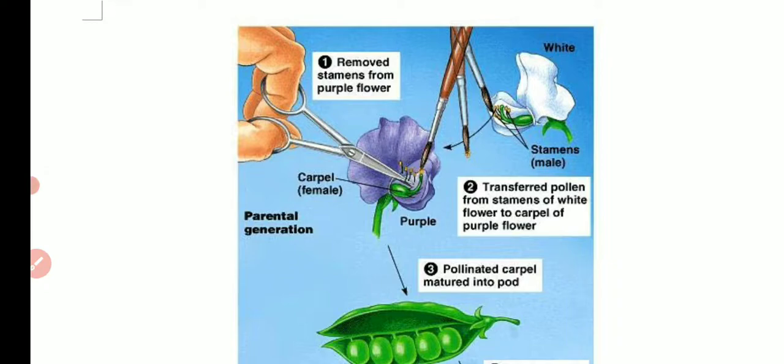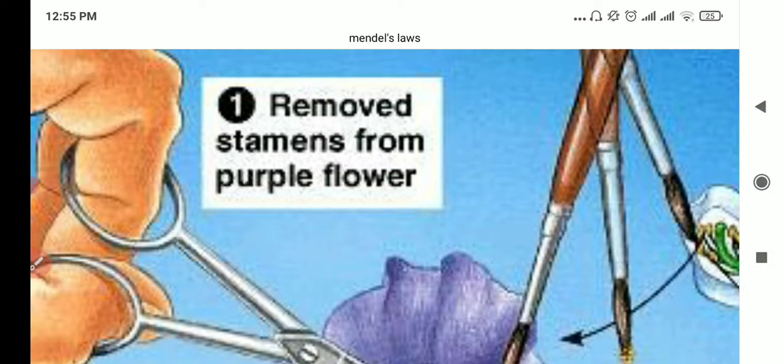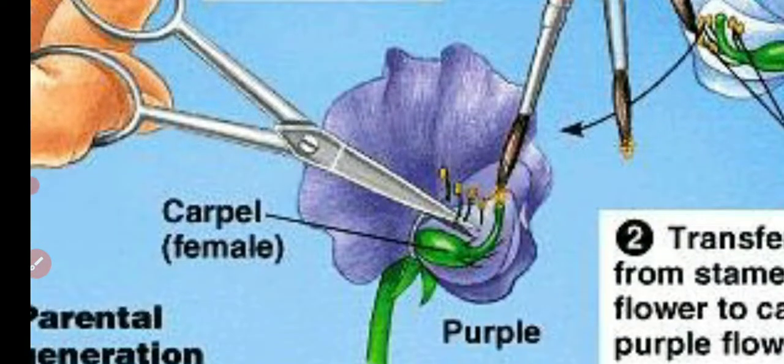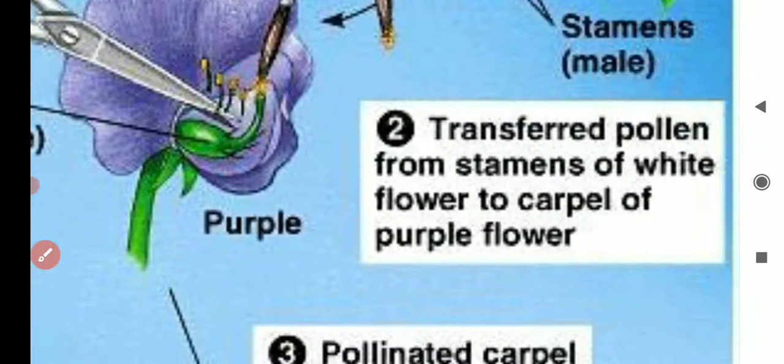Okay, so see what he does here, he removed the stamens from the purple flower. So with the scissor, you just cut those stamens. You see, he just cut the male part and left only the female, the gynoecium.